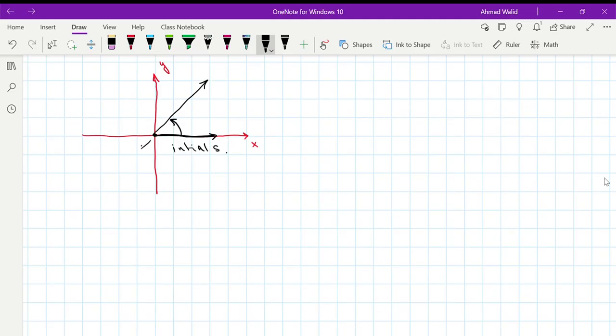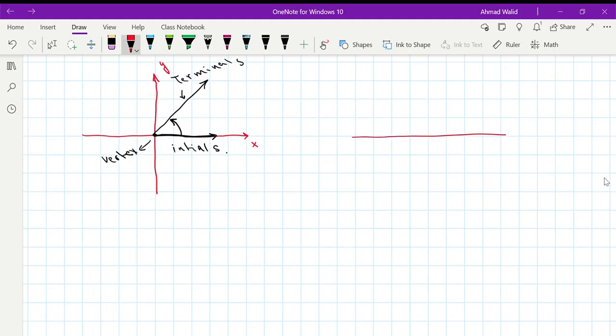This is your vertex. You see the vertex is at the origin of the XY plane, and this is your terminal side. In this case, I can say this angle is in a standard position, or maybe this one if I draw another one. First, the XY plane.